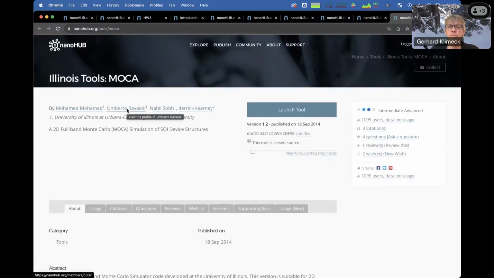So they have pulled this tool together. In Padre, you can have different drift diffusion models, thermal balance models, etc. But I don't think it does Monte Carlo.